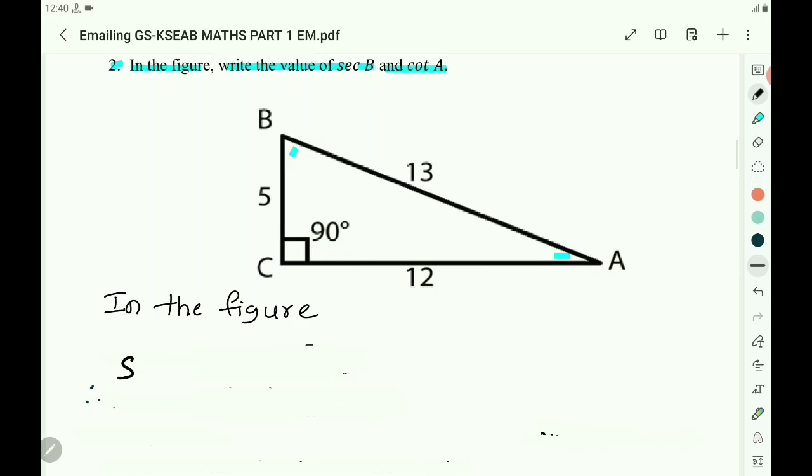Secant B equals, it is the reciprocal of cos. Cos is adjacent side by hypotenuse. So secant is hypotenuse by adjacent side.